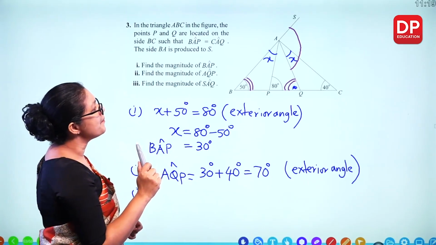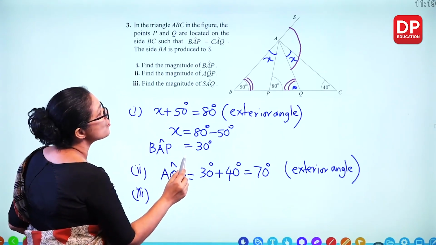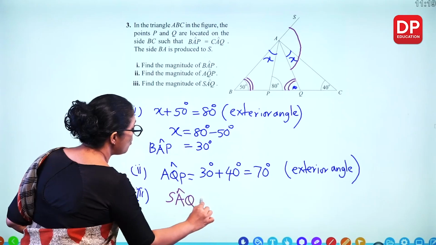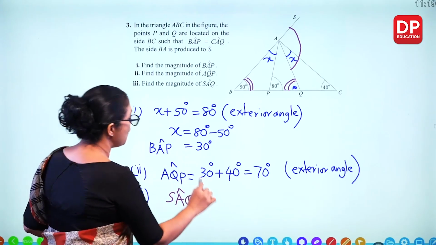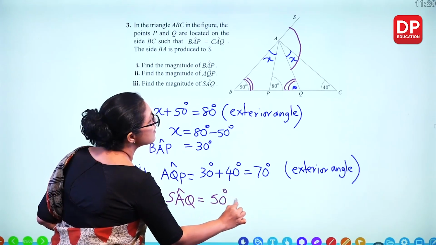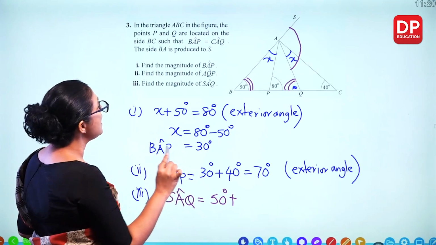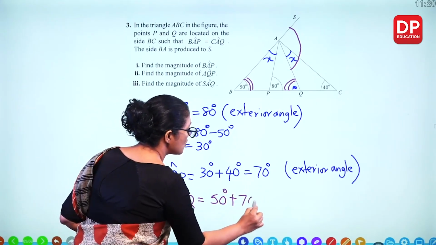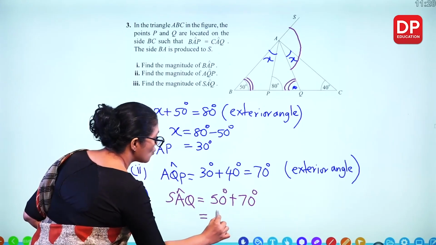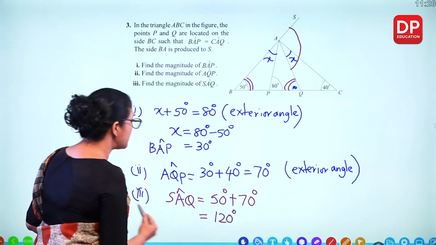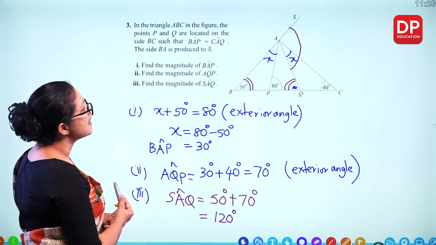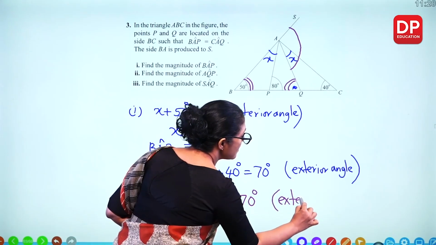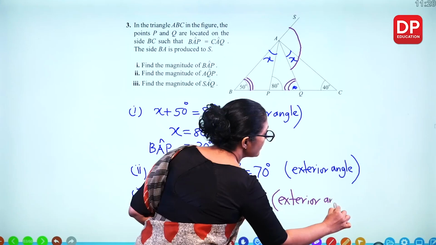So what's the value? You can write SAQ is equal to 50 plus, what's the other one? AQB. We found AQP is 70. So that's 70. So 120 degrees for SAQ. The reason is also the same thing, exterior angle.